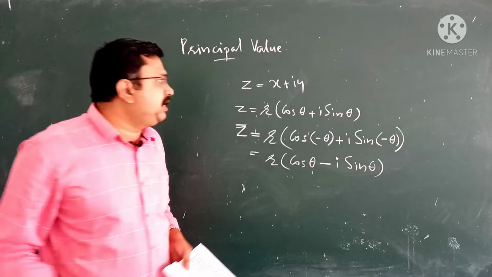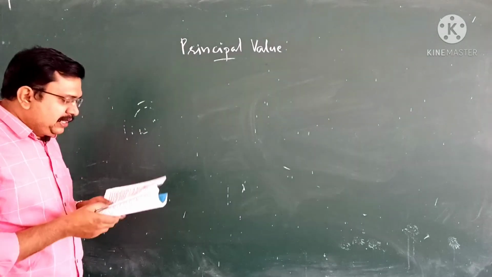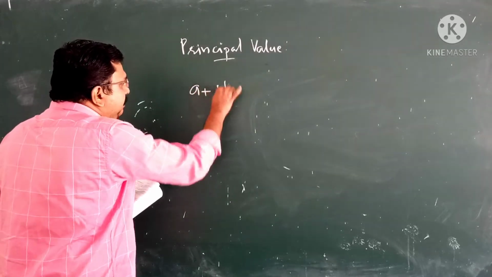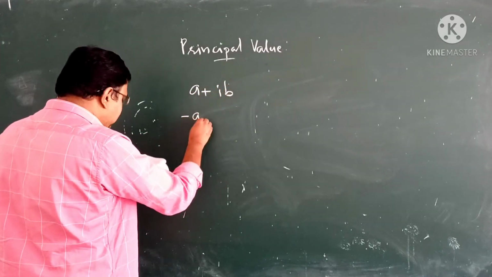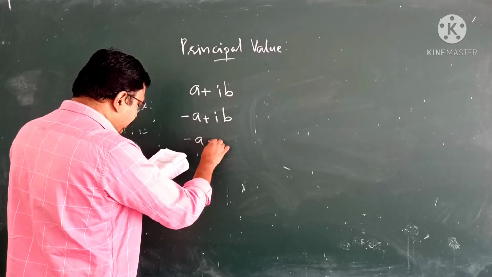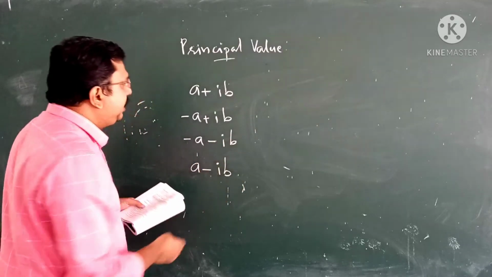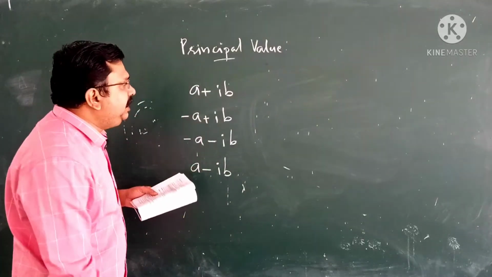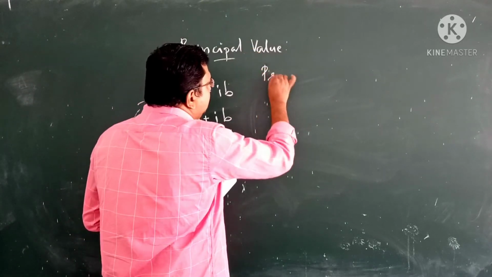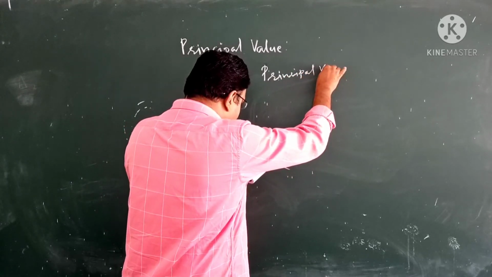Then another important thing is there. Listen. The principal amplitude of the complex numbers a plus ib, minus a plus ib. Okay, here is the complex number, then the principal value, or principal amplitude.